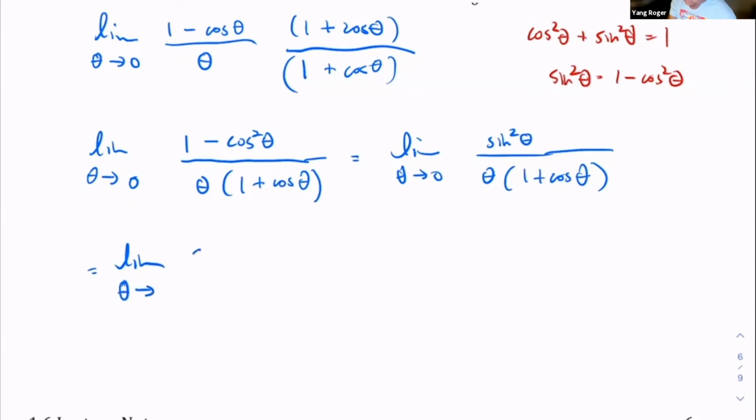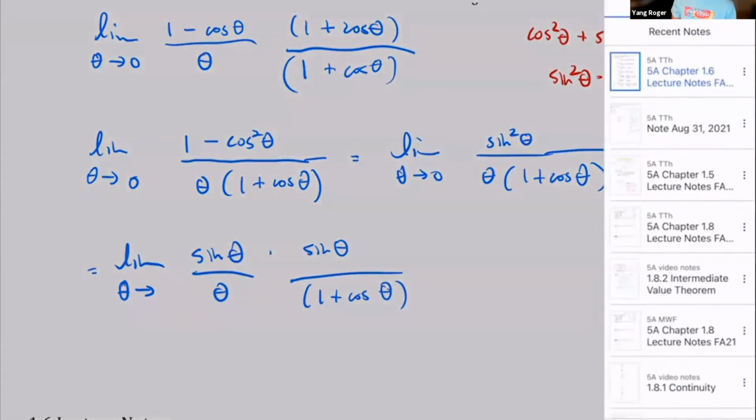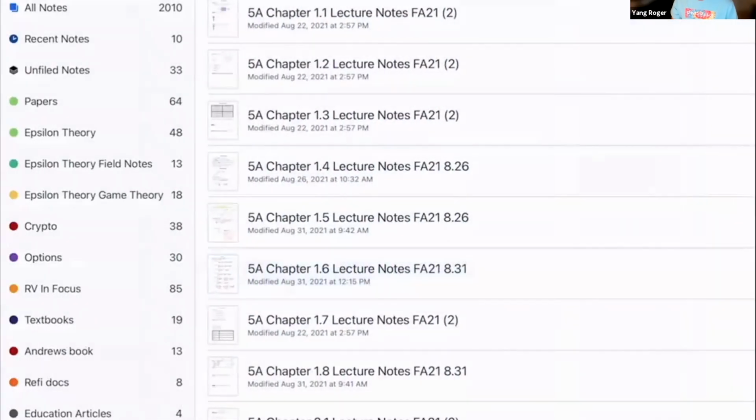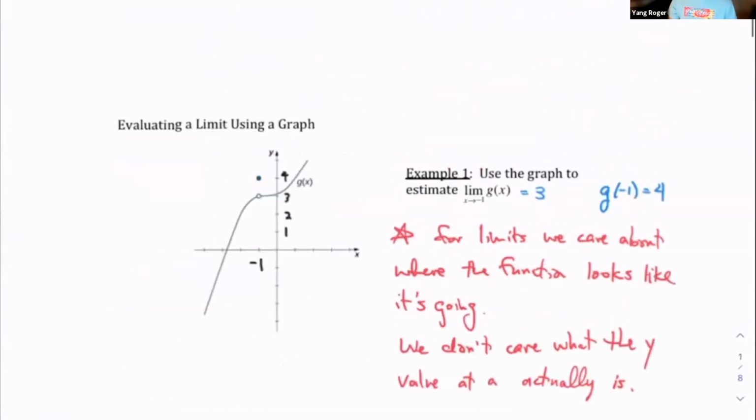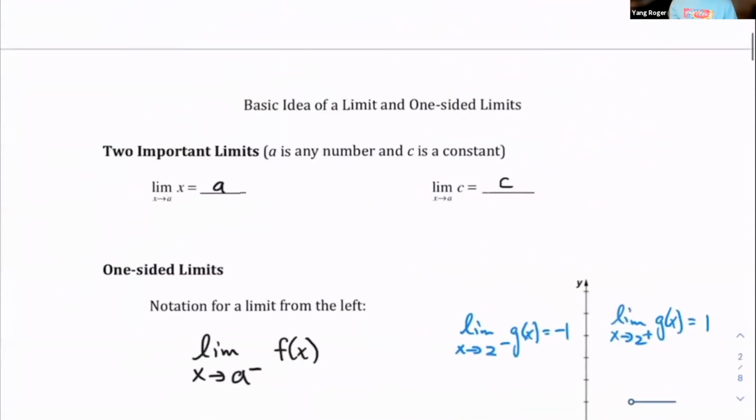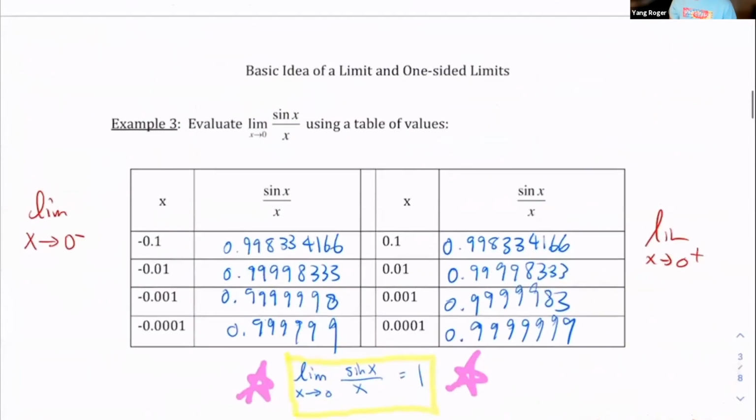We're going to split that sine squared into sine times sine of theta. And we're going to have a sine of theta over theta here, and a 1 plus cosine of theta like this. Okay. I don't know if you remember, but when we did section 1.5, we looked at the limit as x goes to 0 of sine x over x.